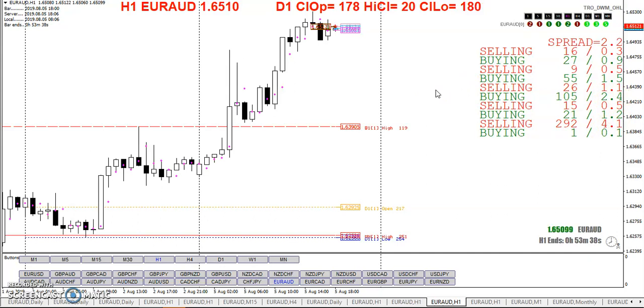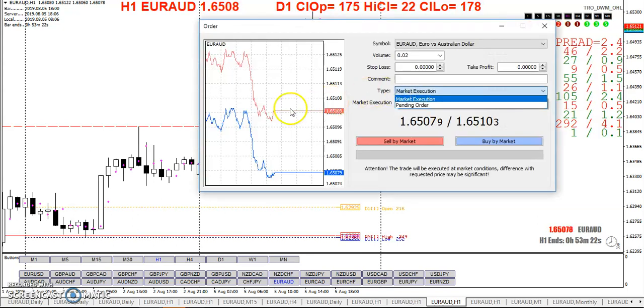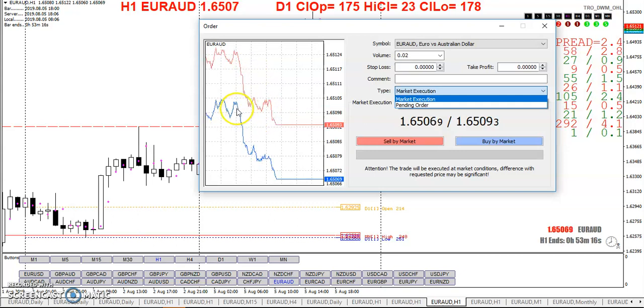And if you're wondering about this, all you have to do is hit F9 on your MT4 trading platform. And you see here, when the ask got below the peak of this bid, that's when the selling started. Now, blue line, the bid gets above the valley or the lowest point here, the ask.